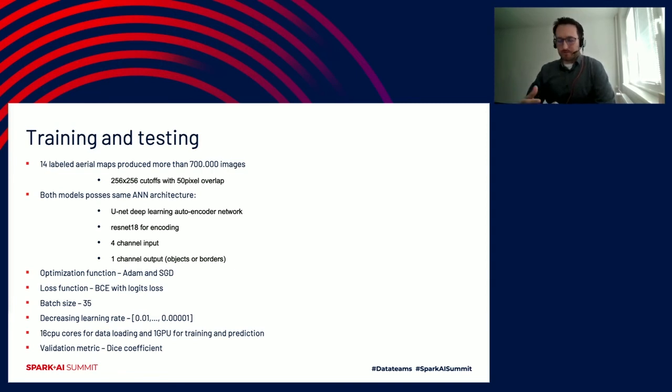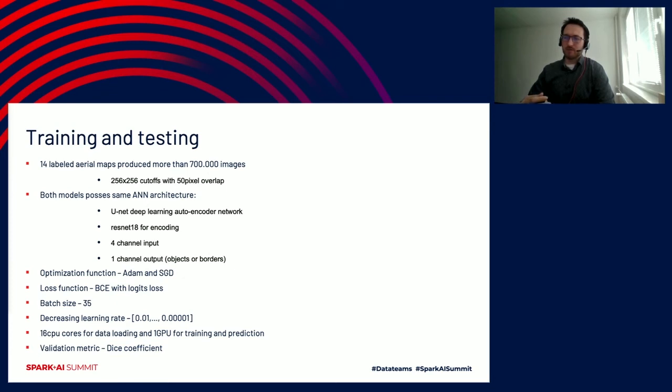For the loss function, I used the pretty normal one that is used in similar tasks, so binary cross entropy with logistic log loss. For the batch size, I used 35 images.